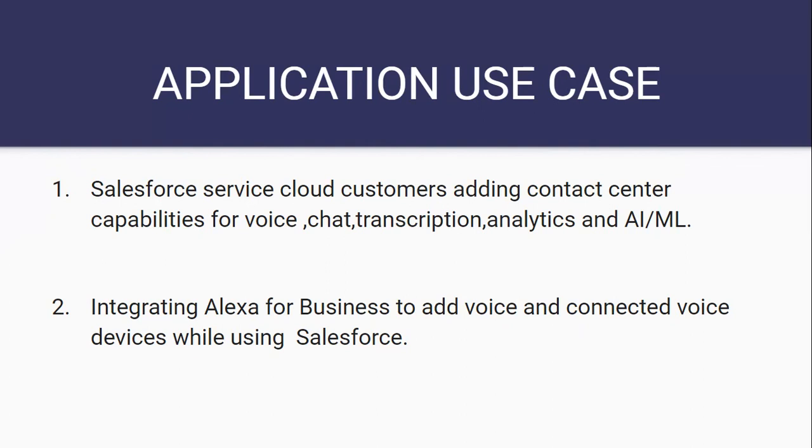Next application use case is a boon to the business automation, that is AFB, Alexa for Business. It can be integrated with Salesforce through the centralized console or the voice application. So AFB is integrated with Salesforce through the voice application that is known as Alexa skill, which enhances the business workflows and collaborations.